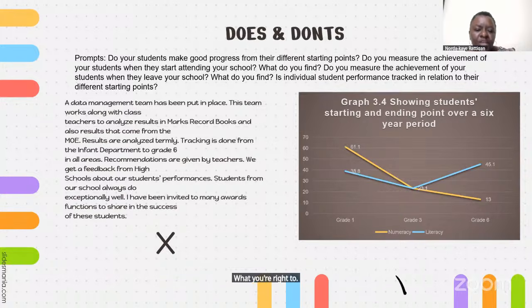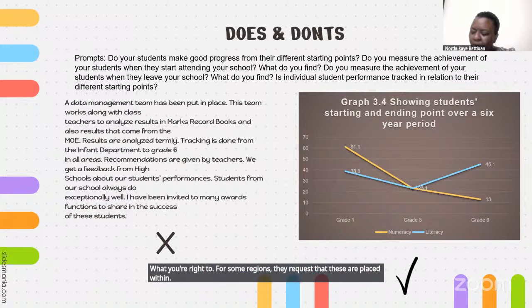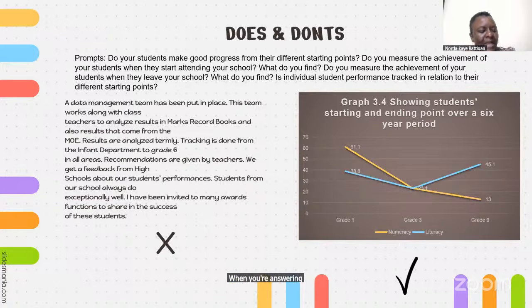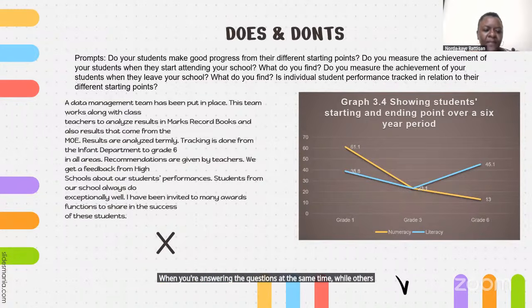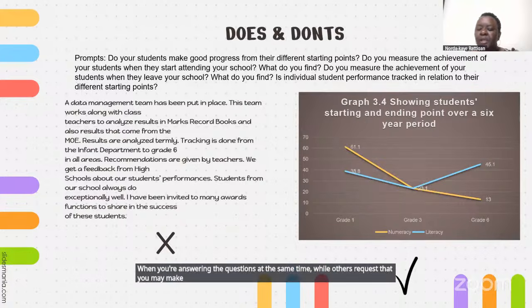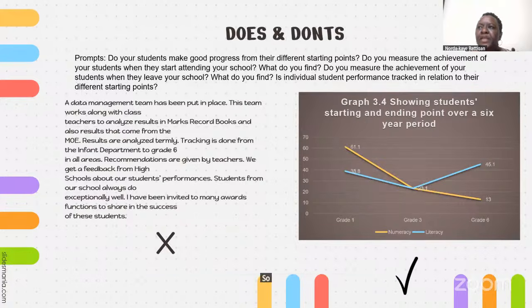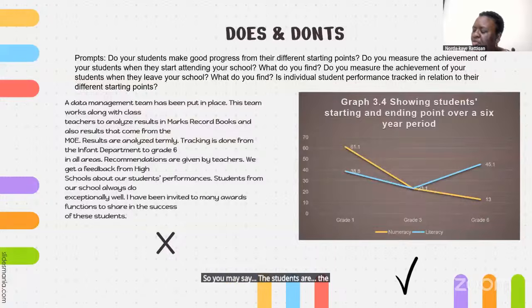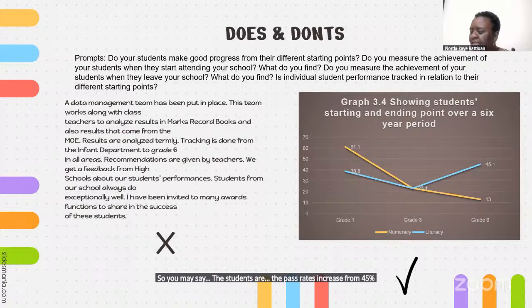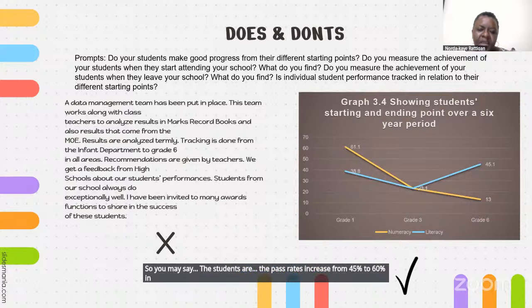For some regions, they request that these are placed within when you're answering the questions, while others request that you make reference to it. So you may say, the pass rates increased from 45% to 60% in 2025, as shown in figure 1.2.